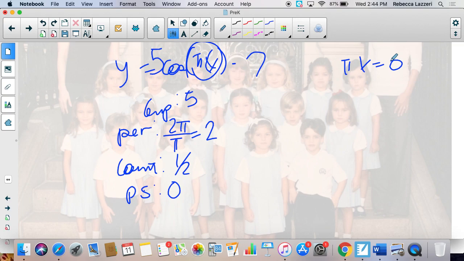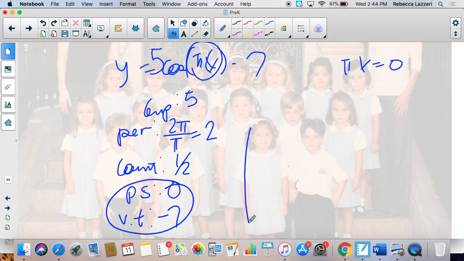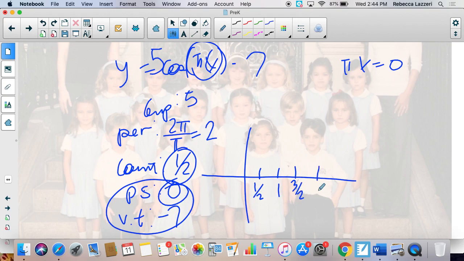The vertical translation shifts it down 7. So I'm going to start at 0 and count by halves. 1, 2, 3, 4. I'm going to go down 7. And there's my midline. Then I have to go 5 below that.